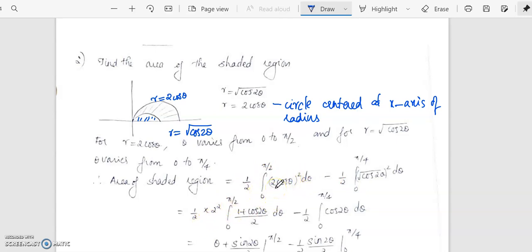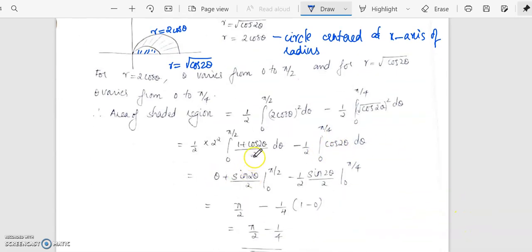So cos square theta will be (1 plus cos 2 theta) by 2 d theta, then minus 1 by 2 into integral 0 to pi by 4 cos 2 theta. So upon integrating, both the 2's will cancel off here. So we will get theta plus sin 2 theta by 2 from 0 to pi by 2 minus 1 by 2 sin 2 theta by 2 from 0 to pi by 4.